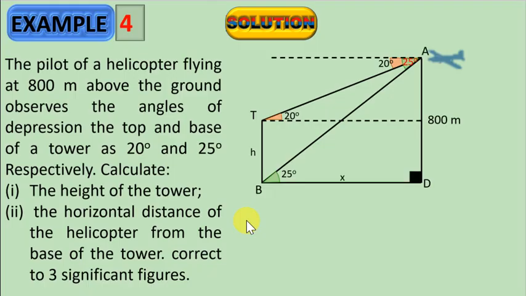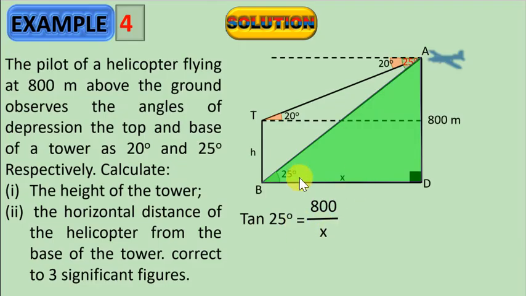Looking at the triangle that is highlighted now, we are going to use that to solve the problem. So now, tan 25 will give us 800 divided by the horizontal distance, x. Looking at this, the only unknown there is x.